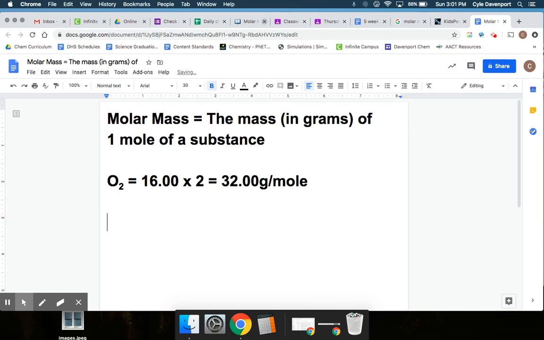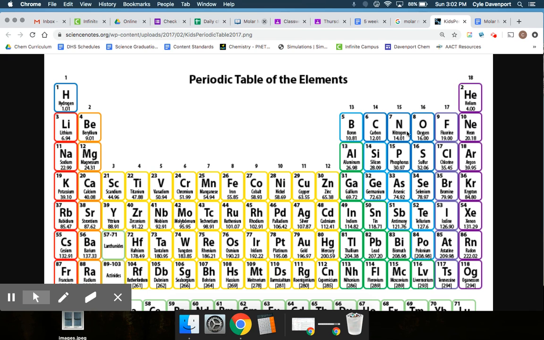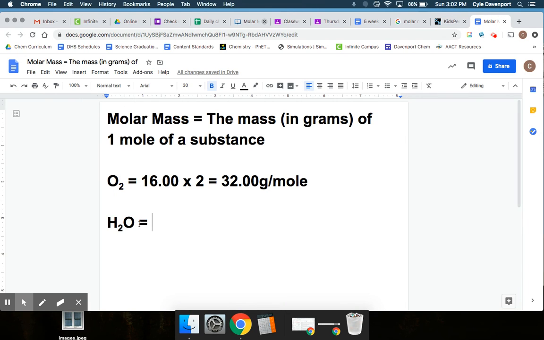Let's try another example. How about water? Water is made of 2 hydrogens and 1 oxygen. Let's go back to the periodic table. We know oxygen is 16.00. Hydrogen is 1.01. So for the molar mass of this, we need to add up the mass of each atom in here.